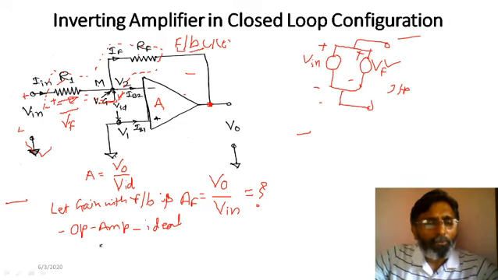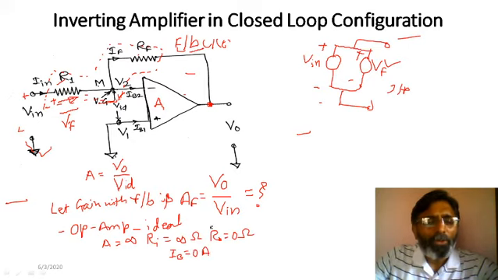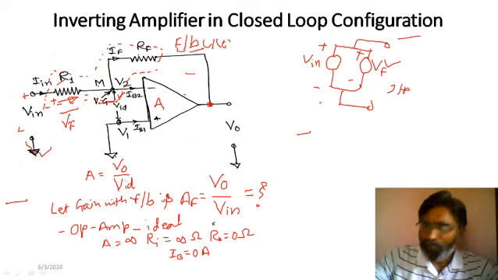If my op amp is ideal, then my A will be infinite, my Ri will be infinite ohm, my RO will be 0 ohm, my IB will be 0, and IIO will be 0. So my op amp is an ideal op amp.